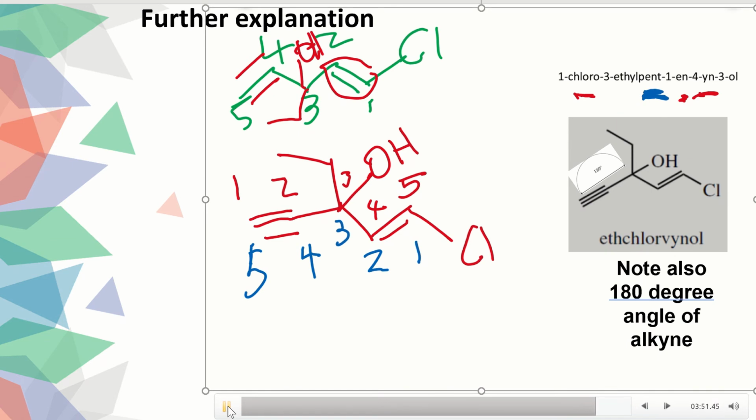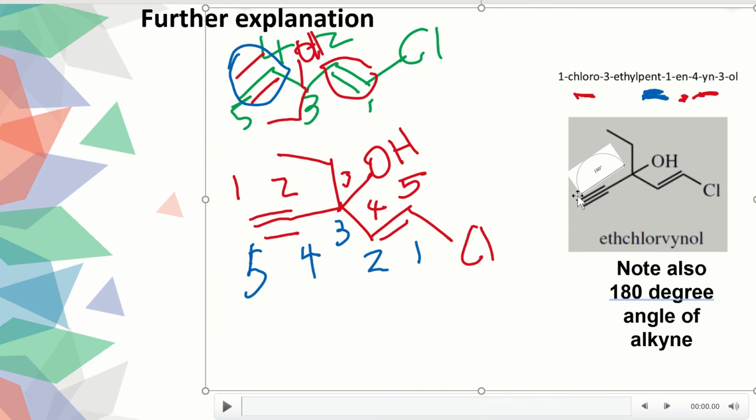And for the alkyne, it covers 2 carbons as well. It is messy, but it covers 2 carbons, and the first one is counted. So I think that is the most crucial information that we can get from this.